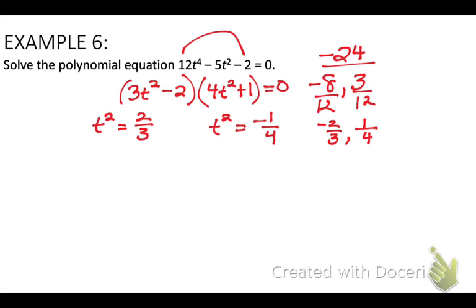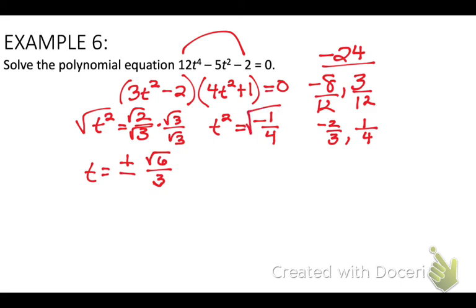So now when I square root top and bottom, rationalizing this, multiply by square root of 3, gets me t is equal to plus or minus root 6 over 3. Same thing on the other side, square rooting top and bottom. Here we're going to get an imaginary solution. The square root of negative 1 is i.